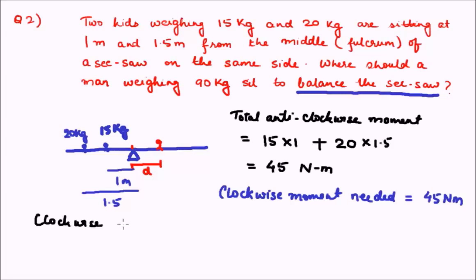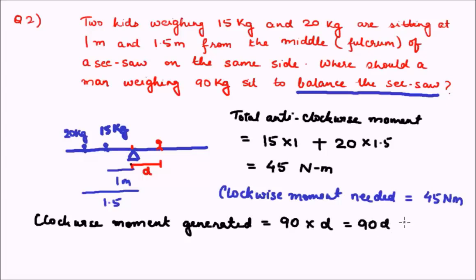Clockwise moment generated, and that will be equal to the weight of the man into this distance d, which is equal to 90 kg into d, that is 90d Newton meter. I am taking the distance d in meters.